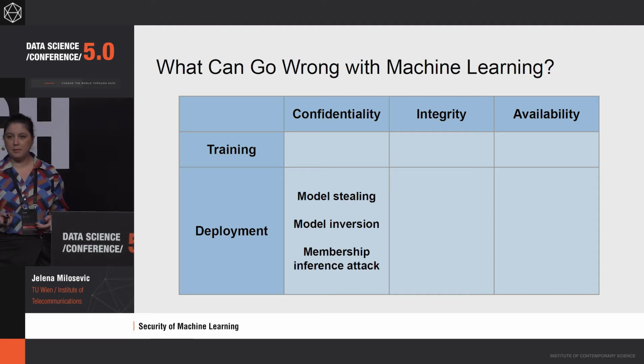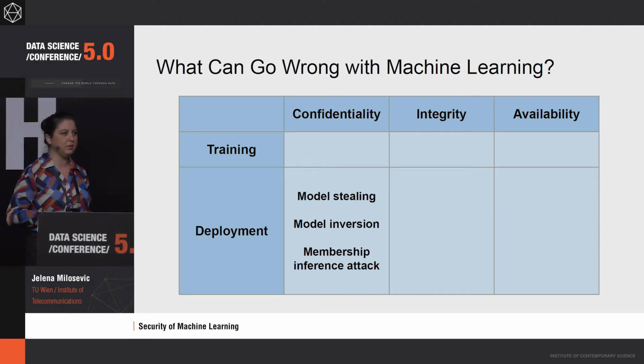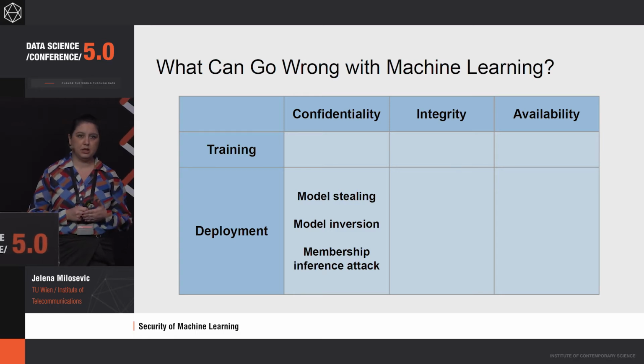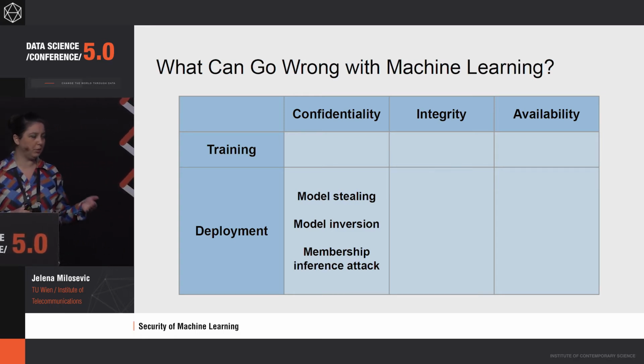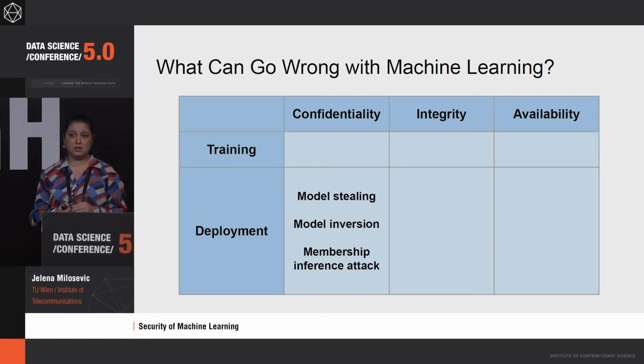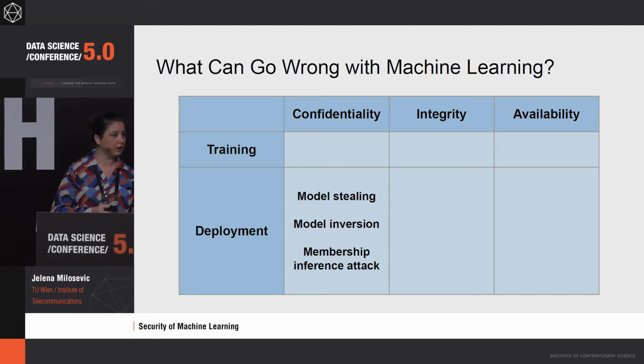And what can happen here is that at the deployment stage, a system that is running can be somehow stolen, which basically means that its functionality is duplicated. The system can be used to extract sensitive information about the data that is used for training.